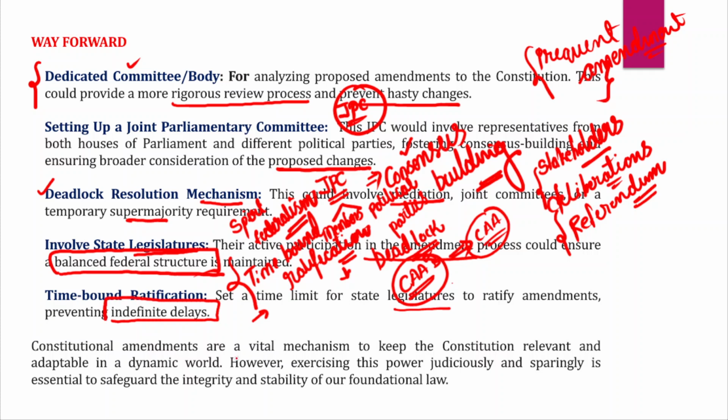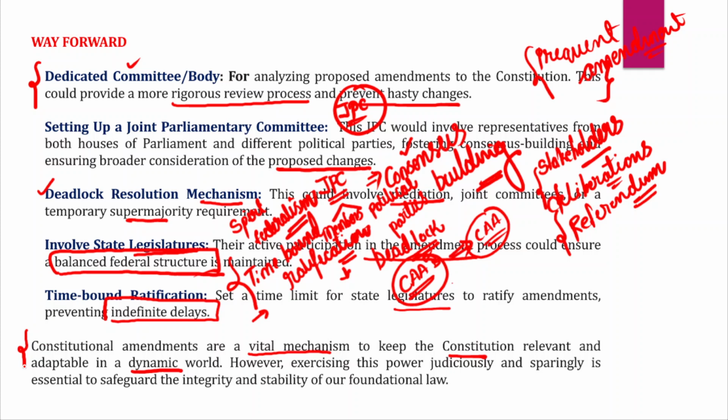Now, in this context, constitutional amendments are considered vital and very important mechanisms to keep the constitution relevant and adaptable to the dynamic world. So we must amend the constitution regularly, because we are living in a dynamic world, and we should be adaptable to the changing times.